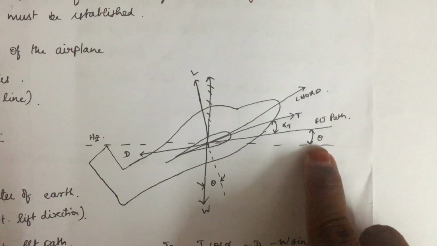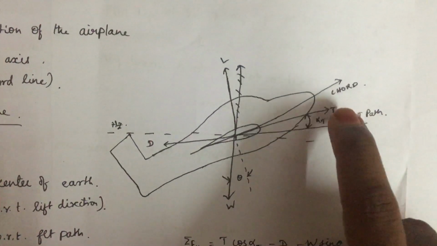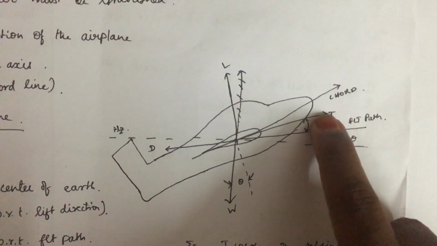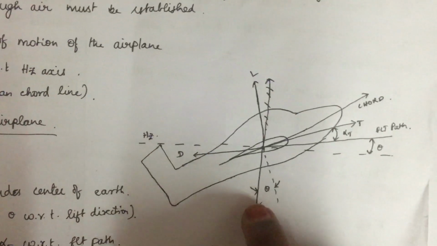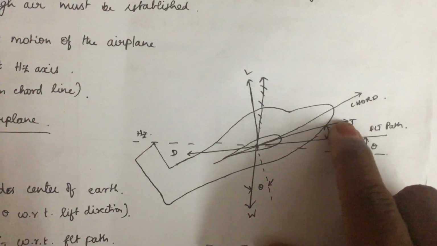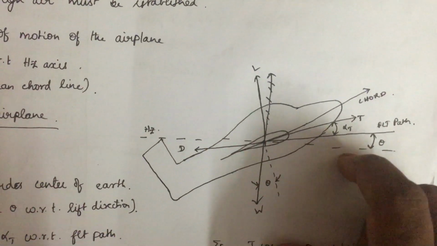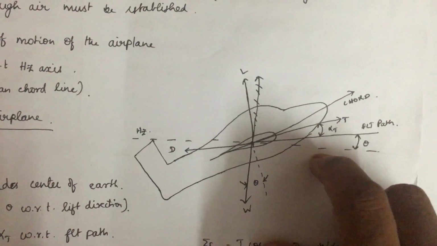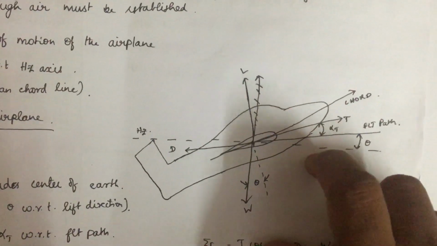Okay, so the first parallel force here: we have T, drag, and W. T is going to have a component T cos alpha T, because I'm considering the horizontal axis, so I must consider only the forces acting parallel to it.